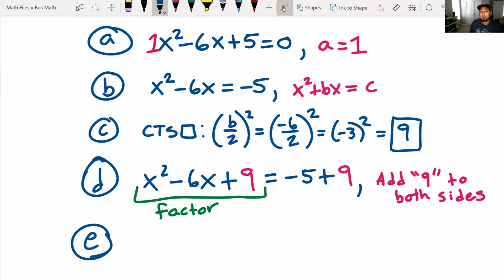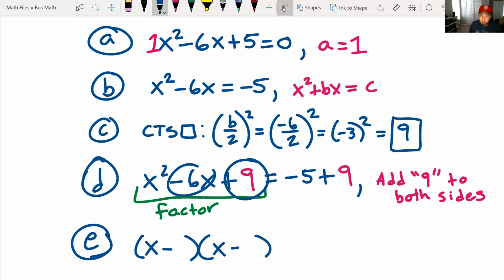All right, x squared minus 6x plus 9 is going to factor to, if we look at the signs, minus plus means x minus a number times x minus a number. What number goes in these parentheses? What are two factors of 9 that can make -6?